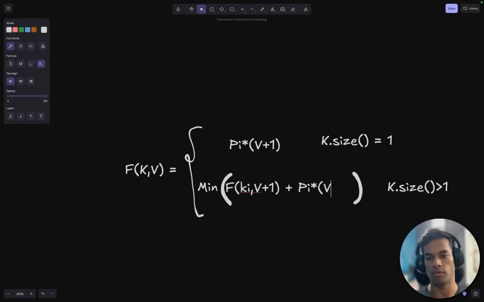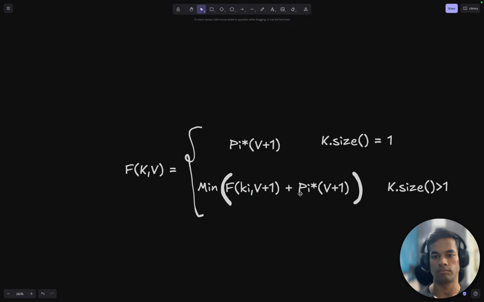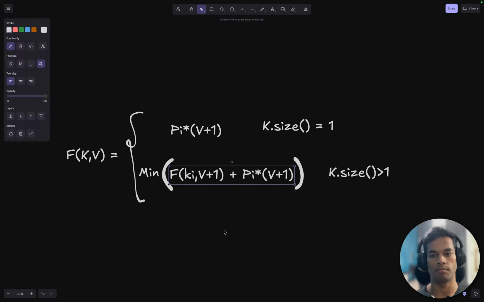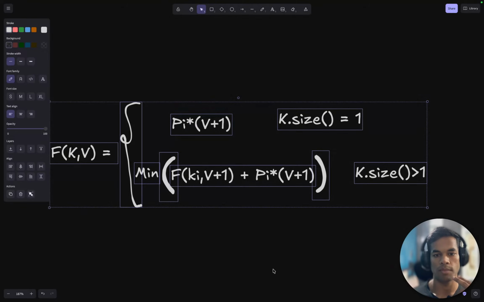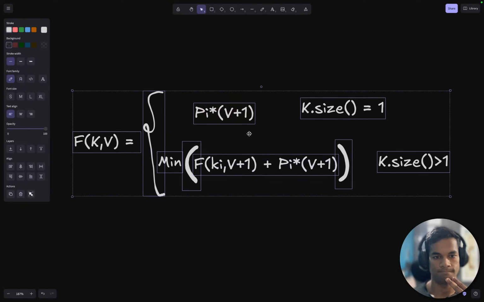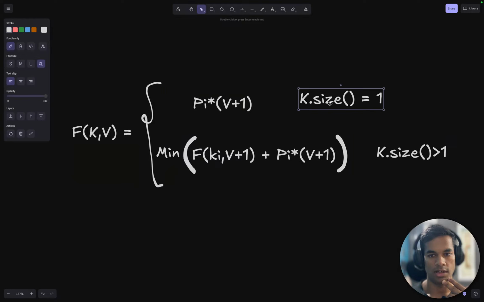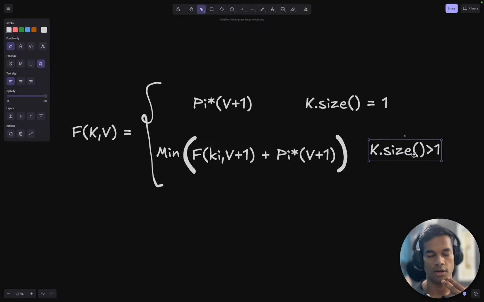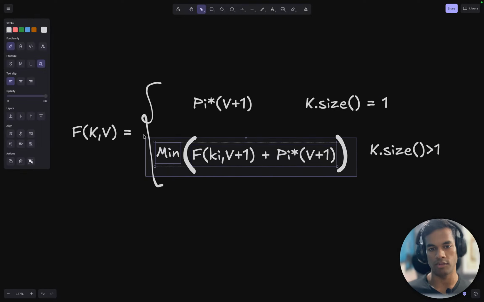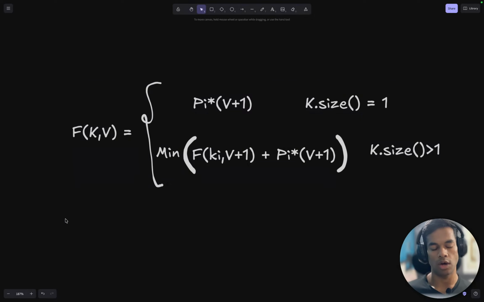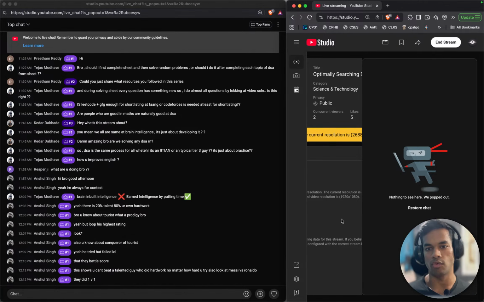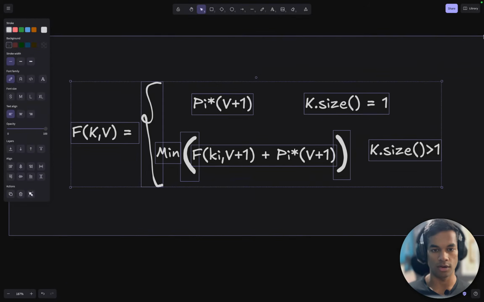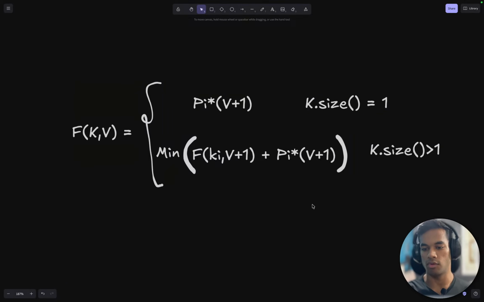Plus pi into v plus 1. Yep, that is about it. I think that is the correct recursive function. This is our base case, and this is our non-base case in which we will find this minimum value, and this would be our output solution. But we are not doing anything extra in this, so we won't be able to build the solution in the fourth step. But right now we are not trying to build the solution, we are just trying to find the optimal value.